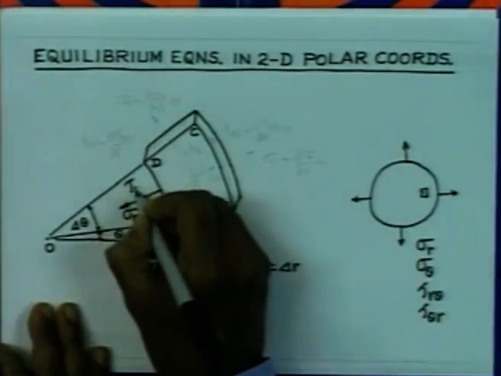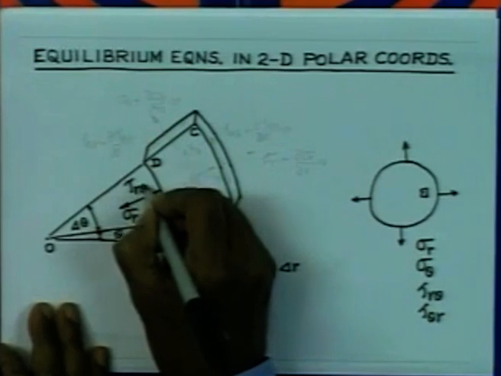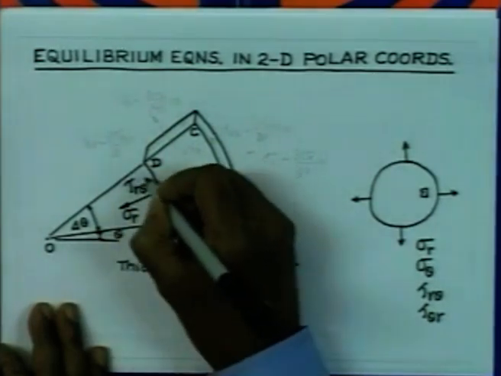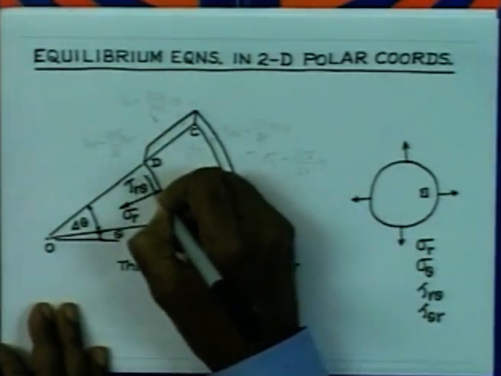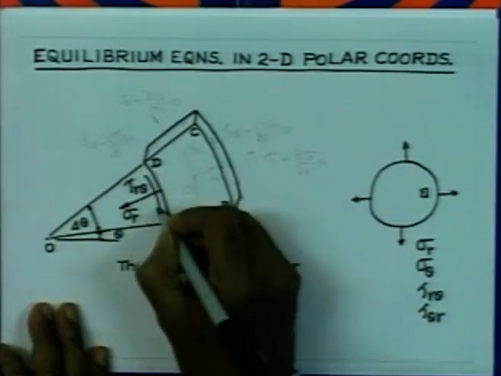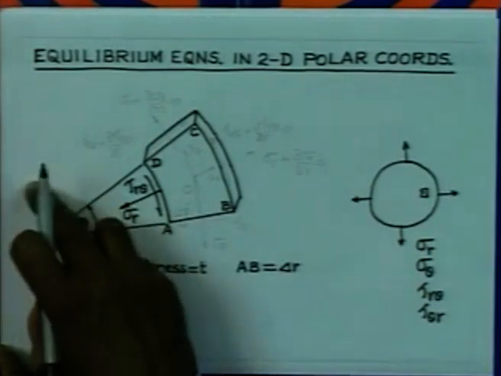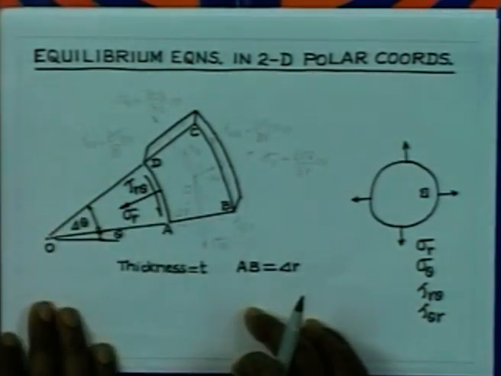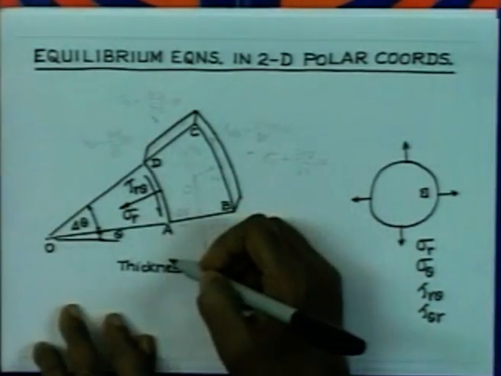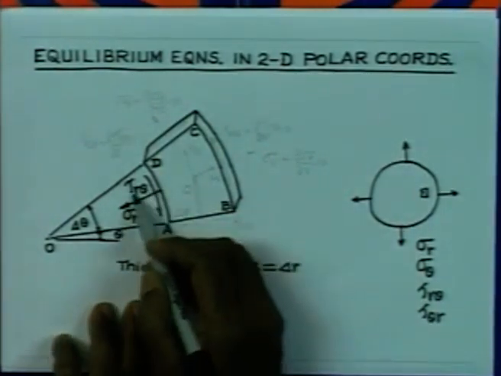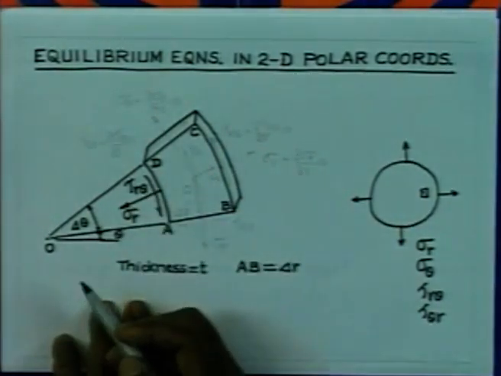Since it is a negative face, the positive shear stress must act in the theta negative direction. Theta increases in this direction, we will consider theta to increase in the anticlockwise direction, therefore, this is the negative theta direction. So, this tau r theta is positive.